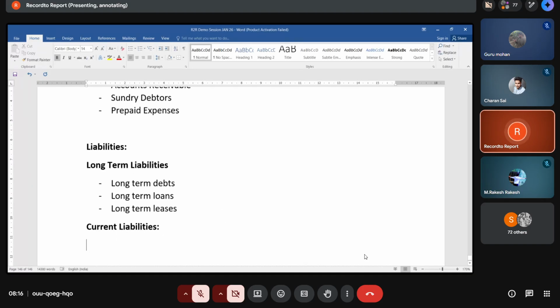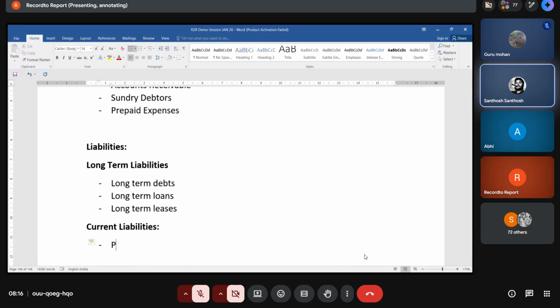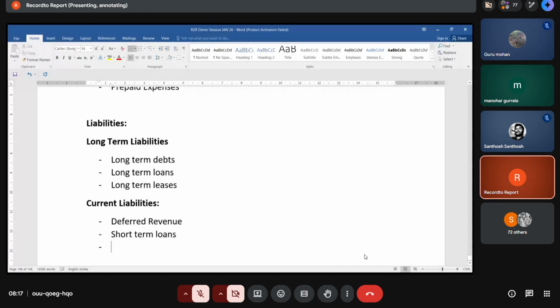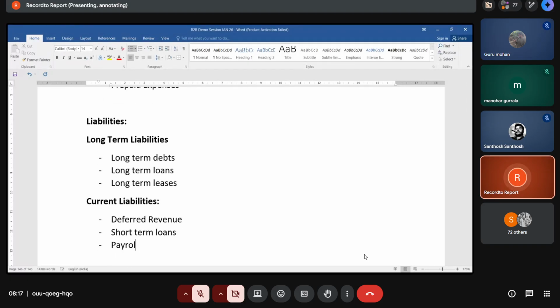What are the current liabilities, guys? Deferred revenue. Short-term loans. Payroll liabilities.